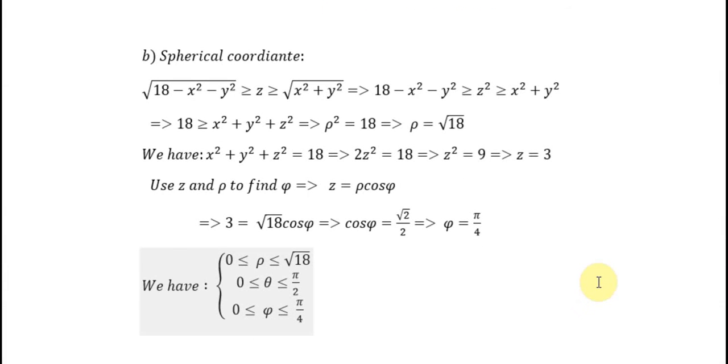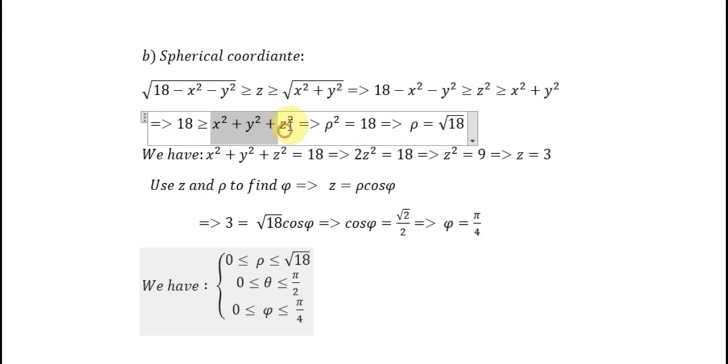The next one, we will use spherical coordinates. We use the boundary of z here, and we square both sides. We move x^2 and y^2 to the right, so we have 18 greater or equal to x^2 plus y^2 plus z^2.